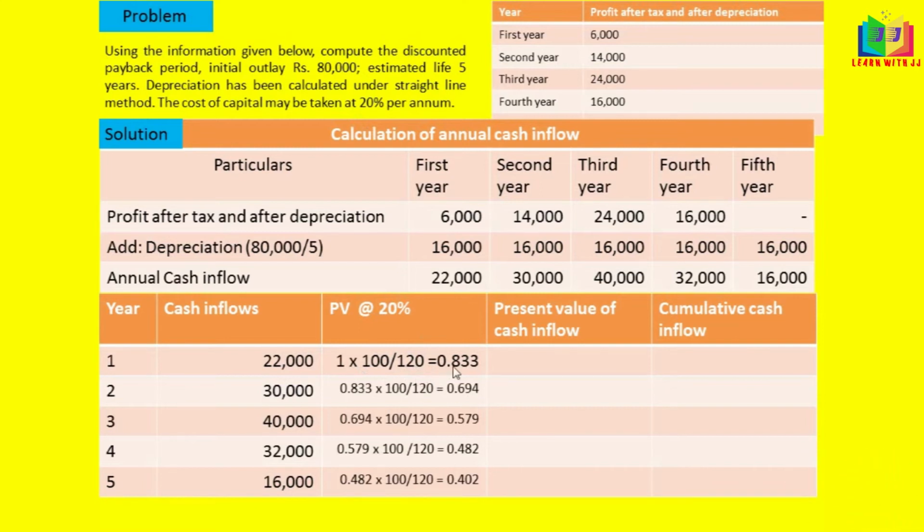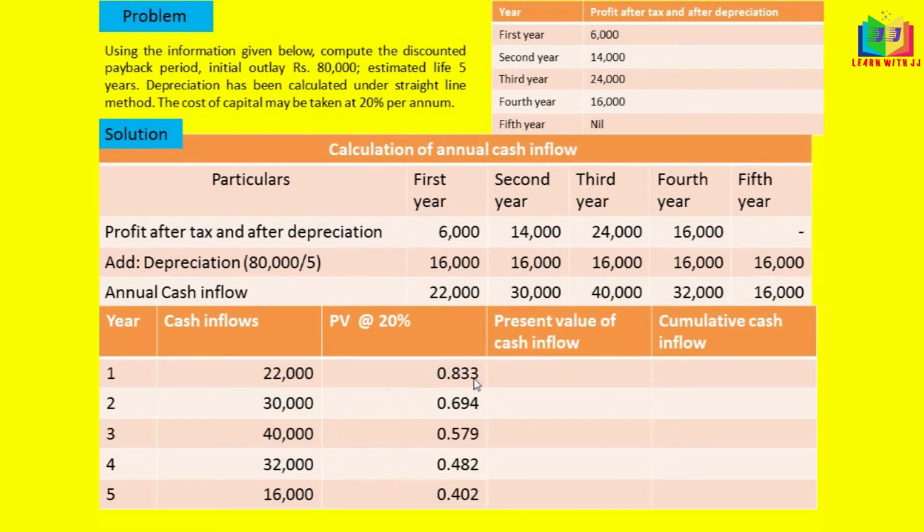We'll get 0.833. Then 0.833 into 100 divided by 120, and similarly we do it for the 5-year period. So we'll get 0.833, 0.694, 0.579, 0.482, 0.402. That is the present value of 1 rupee at the discounting factor of 20%.